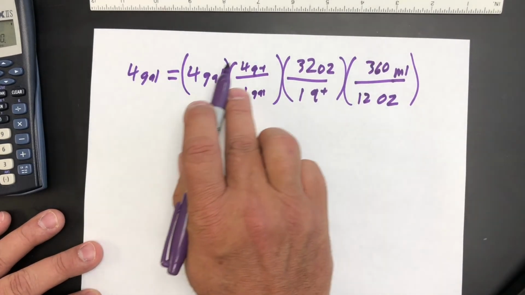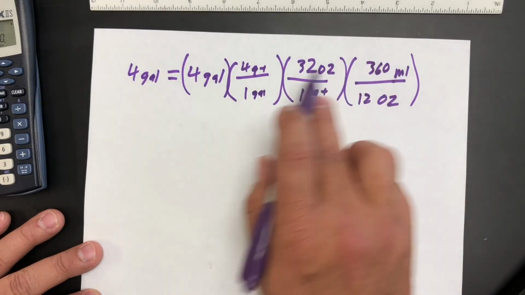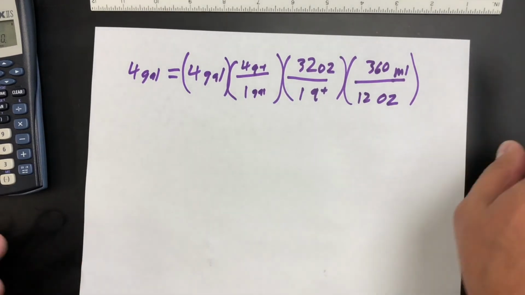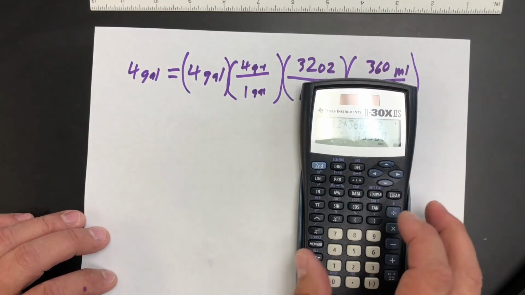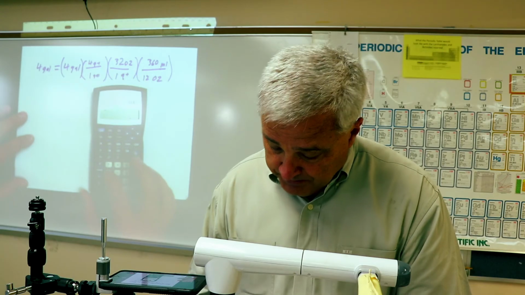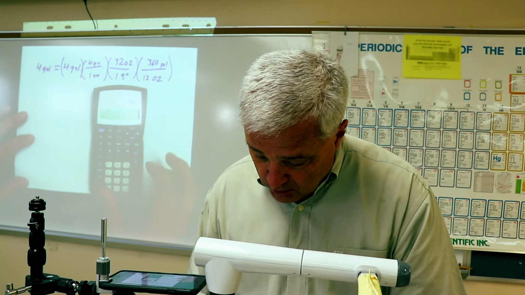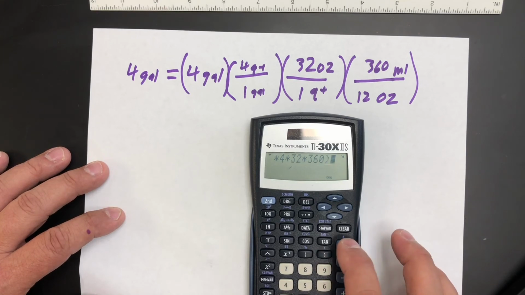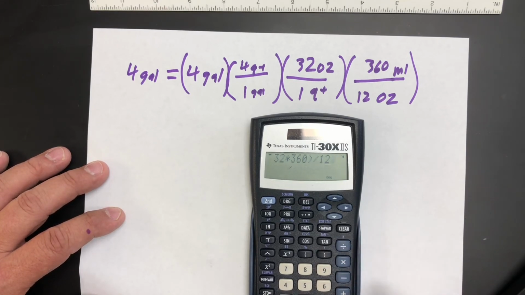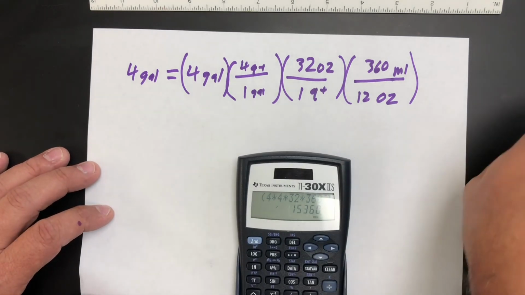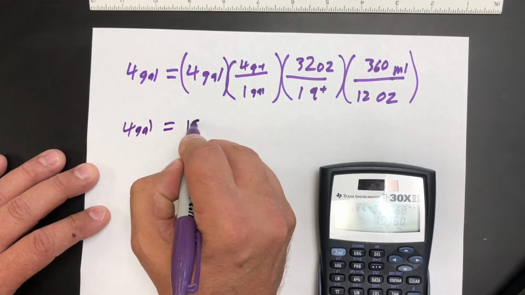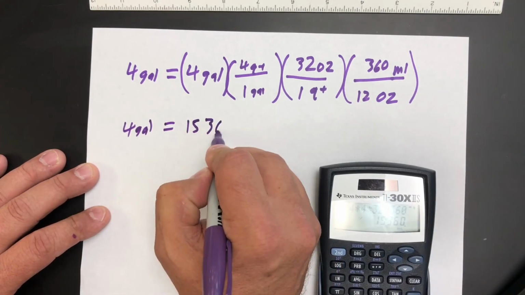So I'm going to do 4 times 4 times 32 times 360 divided by 1, divided by 1, divided by 1, divided by 12. Guess what? We get the same answer. Because math. Open parenthesis, 4 times 32 times 360, close parenthesis, divided by 12 equals 1536. 4 gallons equals 15,360.